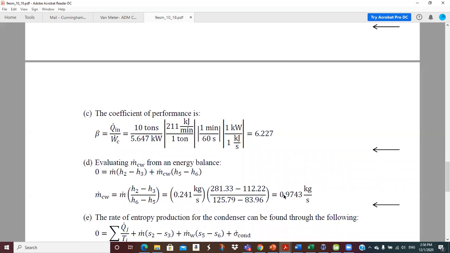We just have to get it in the same units. The 211 is kilojoules per minute, so we have to get kilojoules per second, which is kW, and then we have the compressor work in kW. So when you do all that arithmetic, you get 6.227 as the coefficient of performance.